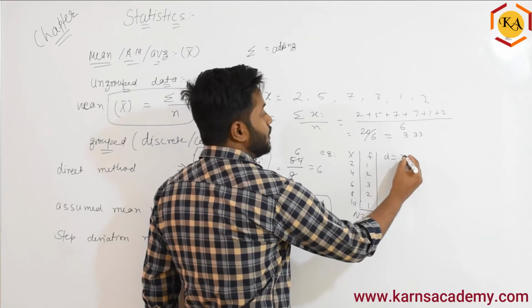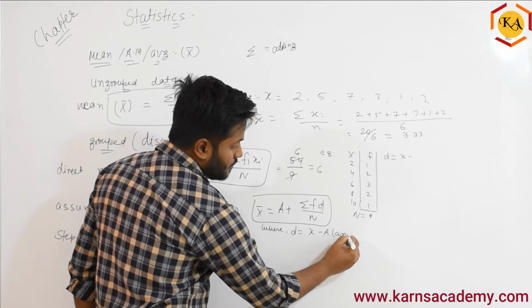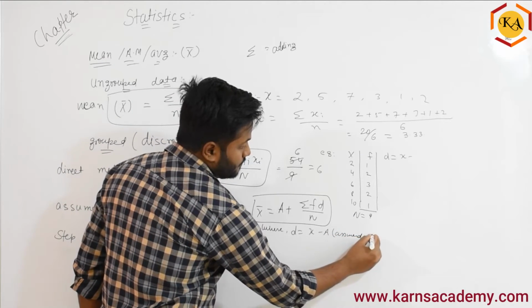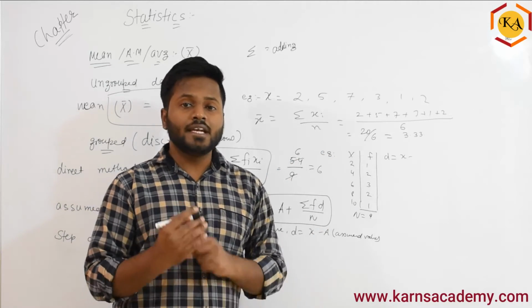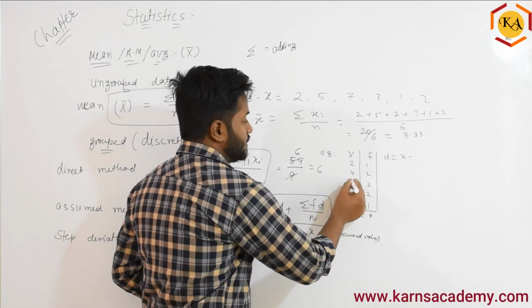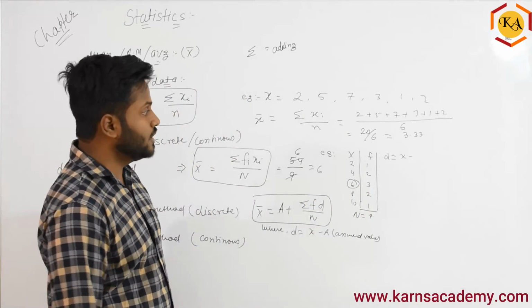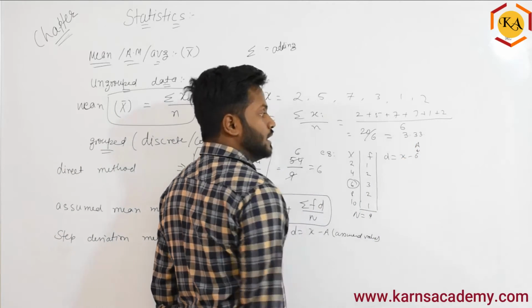So d is equal to x minus a, where a is nothing but assumed value. What I mean by assumed value, from the x column any value you can take, preferably the middle value. So let me take this as a 6. So here I am taking a is equal to 6, right?